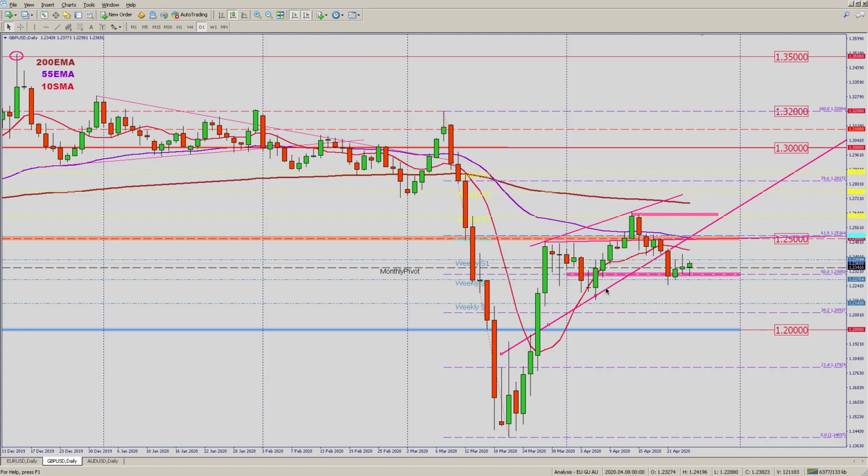And potentially this wedge could turn out to extend into a slightly bullish channel.